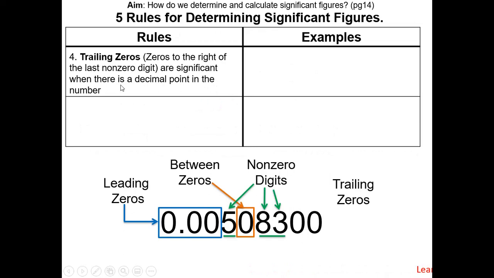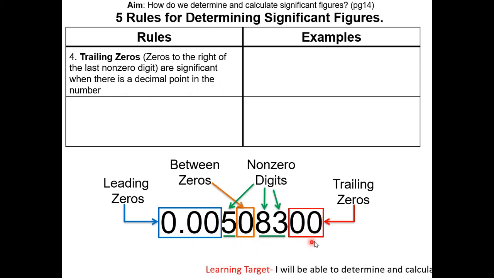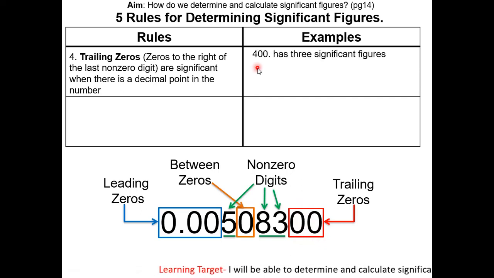Okay, let's continue. So rule number 4, trailing zeros. They are zeros to the right of the last non-zero digits. So if we look over here, these are trailing zeros. They are significant when there is a decimal point in the number. Notice there's a decimal point here. Therefore, these zeros are significant. So if you have 400 with a decimal place, that is 3 significant figures.